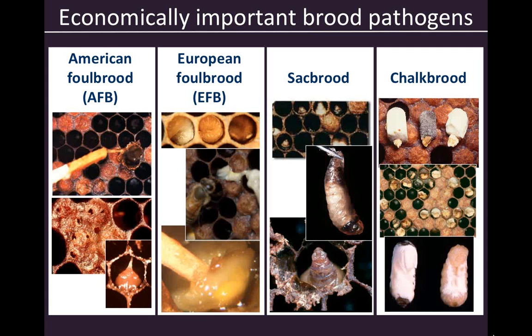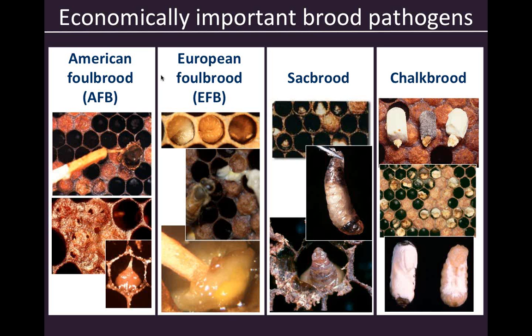So in the brood, that means the babies, the larvae, and the pupae, we have all of these things that are detrimental to honeybee health. We have bacterial diseases like the infamous American foulbrood, for which the regulatory apiary inspection services were created to abate AFB in the United States in the early 1900s.